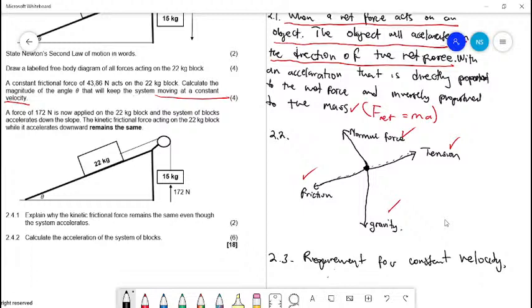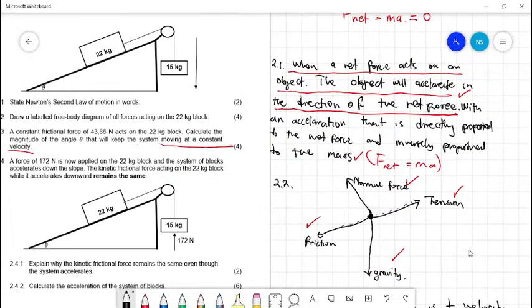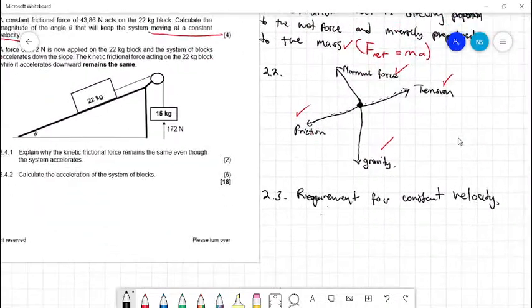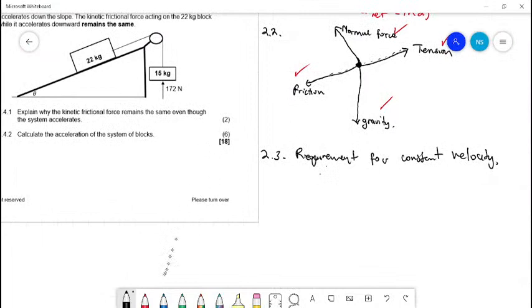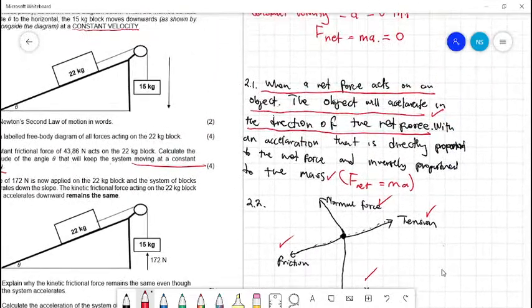And then the value of T can be simply calculated using the 15 kg block. The 15 kg block is the one that is moving downwards, right, at a constant velocity, hanging there. So for us to determine our tension, we need to know the free body diagram of the 15 kg block. Just like that, it's hanging and it's moving down.